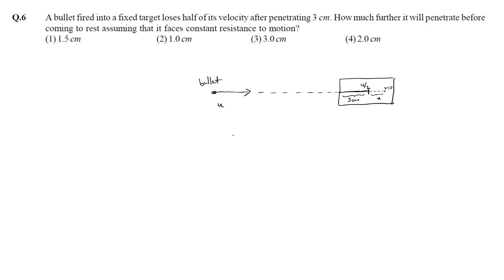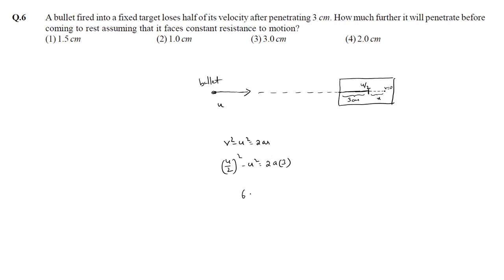Here we know the formula v square minus u square is equal to 2as. Here the final velocity is u by 2. So at this particular point, after traveling a distance of 3 centimeter, (u by 2) whole square minus u square is equal to 2a into the distance it covered, 3.